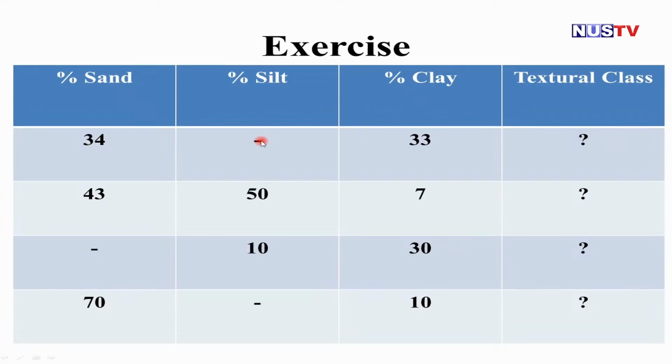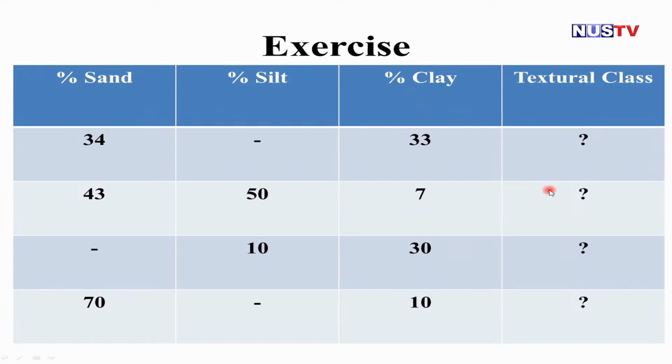Then find that is the silt, and you use the texture triangle just like our example we've done, and more examples from the videos to find the texture class. And the second part, the percentage of soil type is given. 43 sand, silt 50, clay 7.